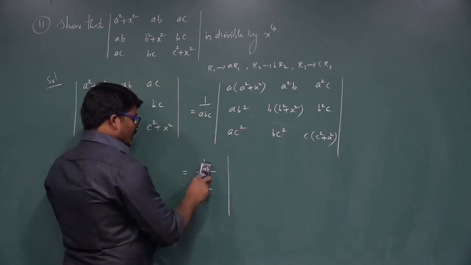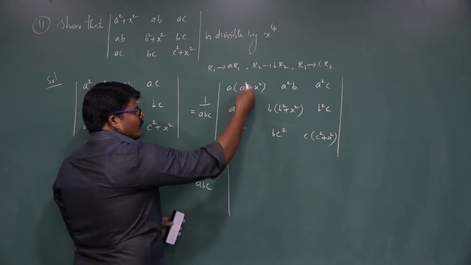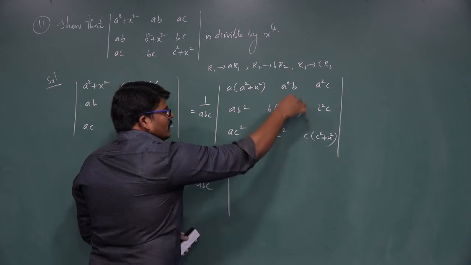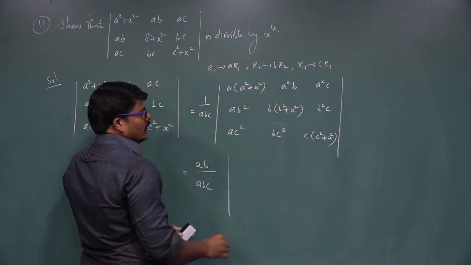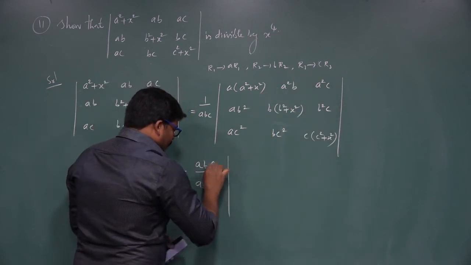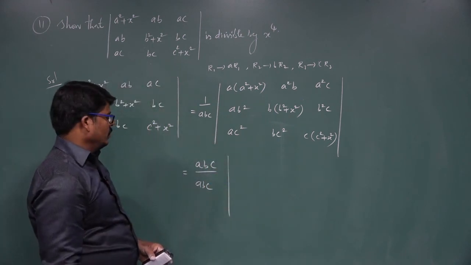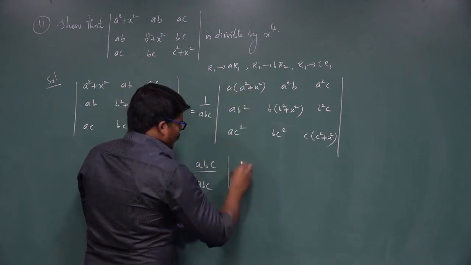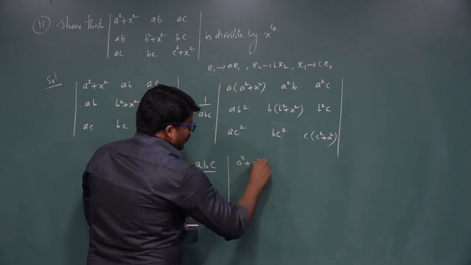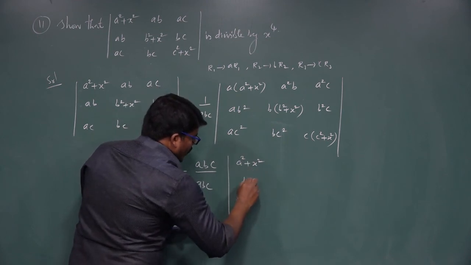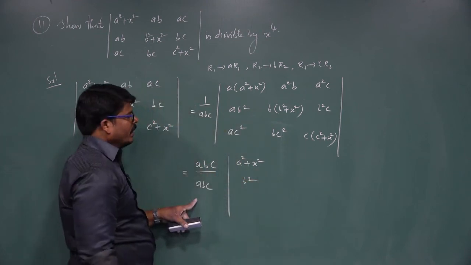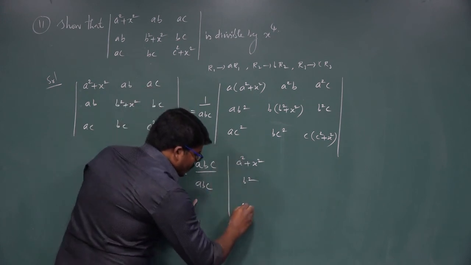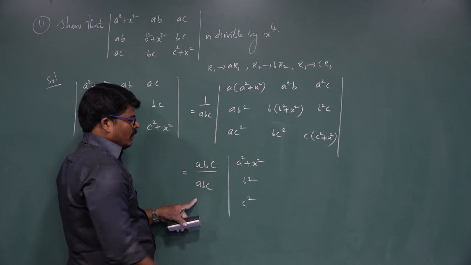So this is ABC. From the first column taking A, from the second column common B, and from the third column common C. ABC by ABC. Common from the first column, A: the elements are a square plus x square, b square, c square.